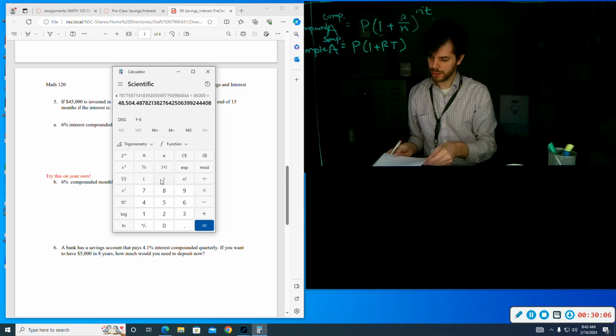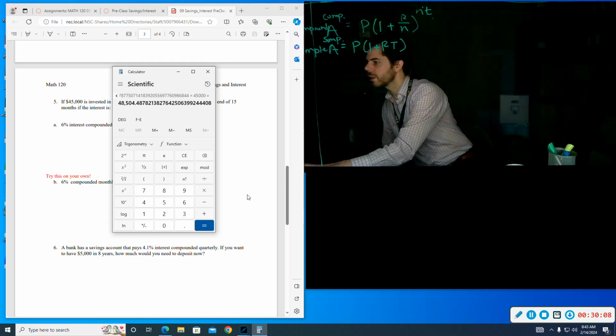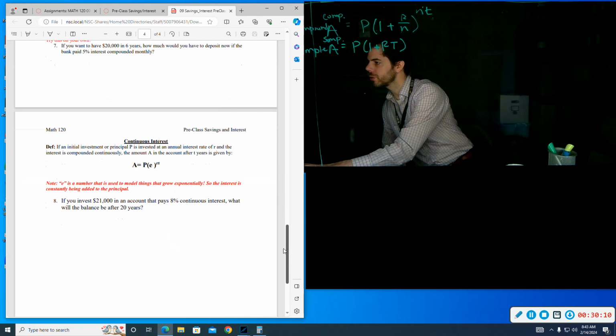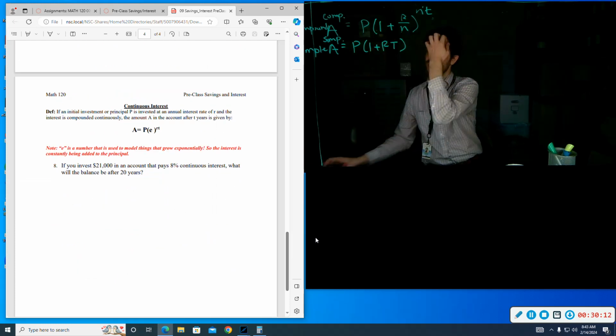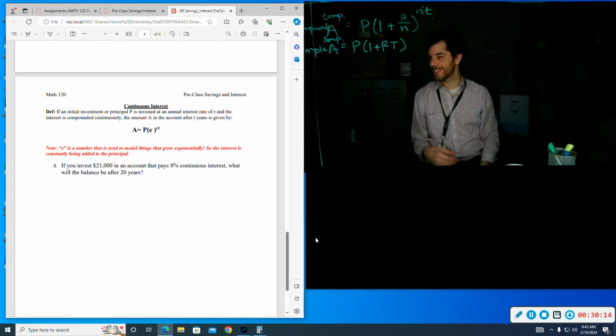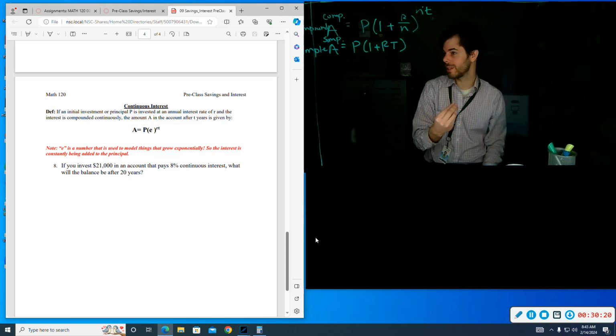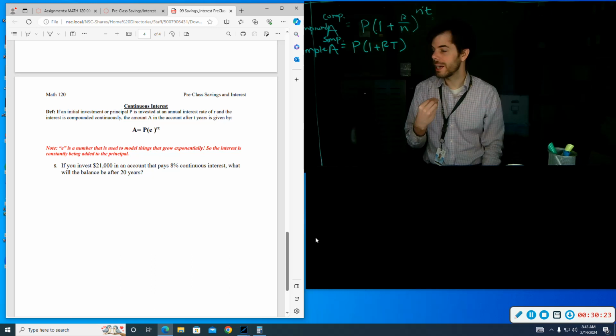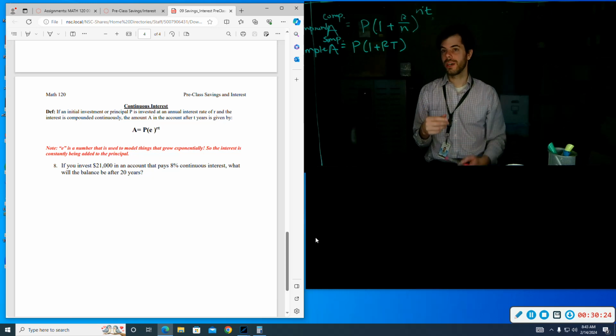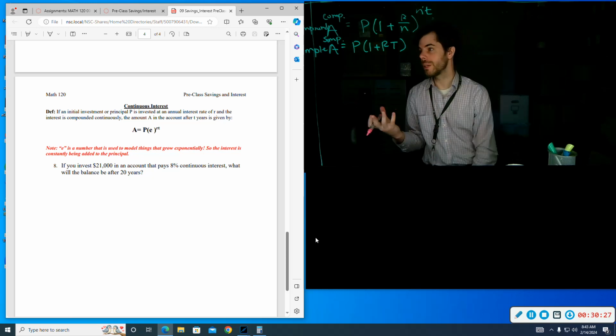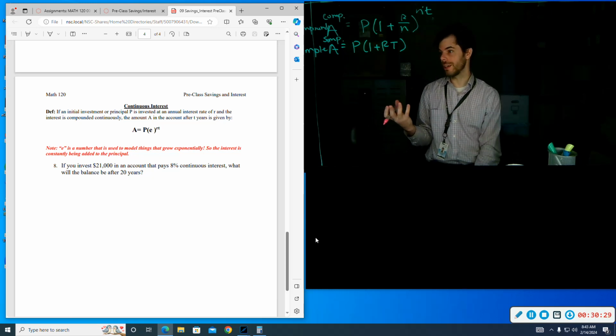There's one other thing. We're going to push compound interest to the extreme. What happens if our compounding period is continuous, right? Like not even a fraction of a second. Instantaneously, when you earn interest, it's automatically added to your principal and you get interest on that, right? Well, what we'd be doing is n would be set to infinity, essentially, right?